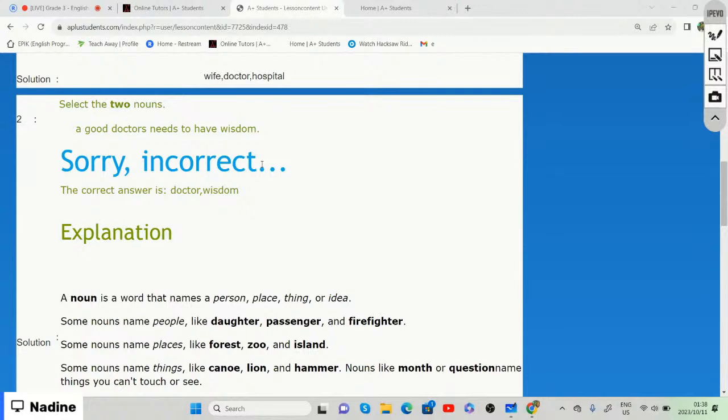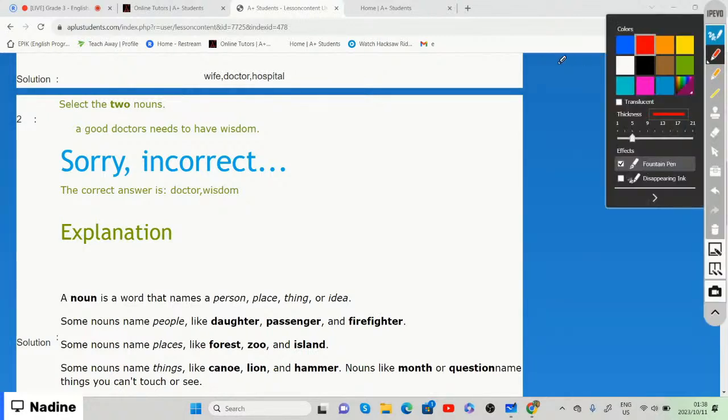All right, so if we choose the two nouns, we can say, a good doctor needs to have wisdom.